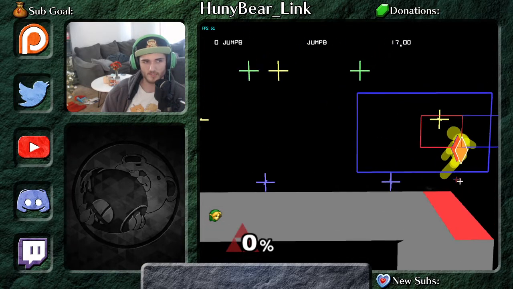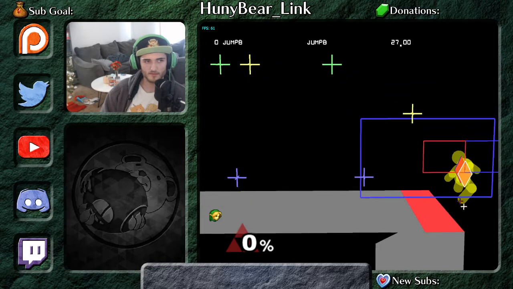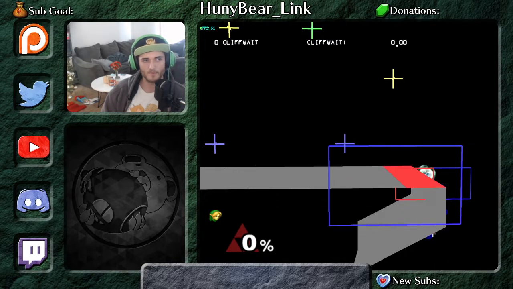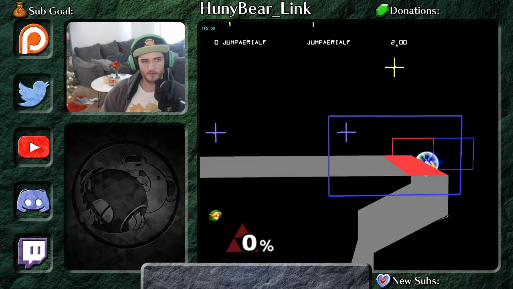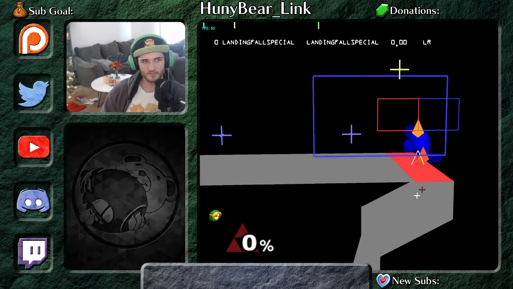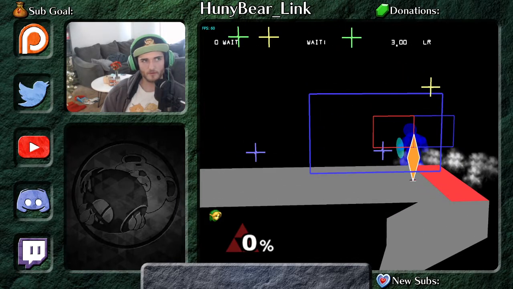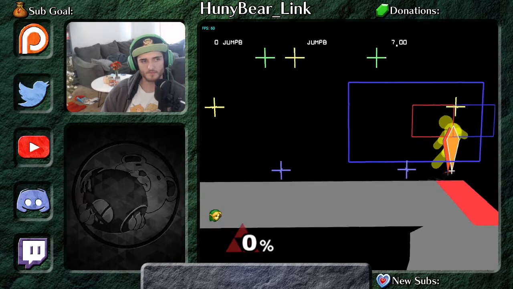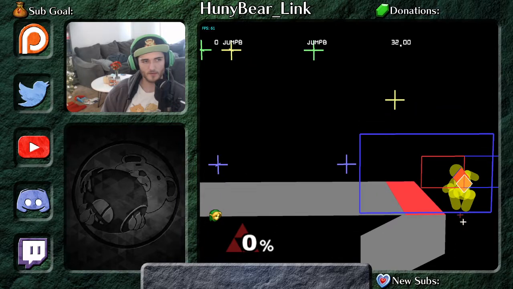But there's other ways to get even more. This is called environment collision box manipulation. And you're going to see here, I can air dodge super early.